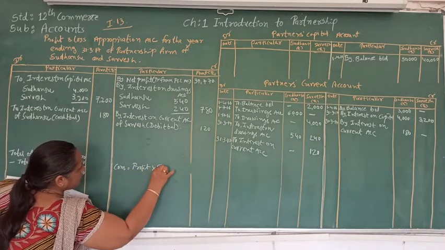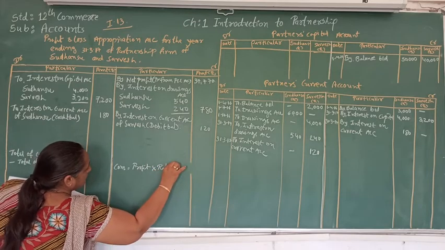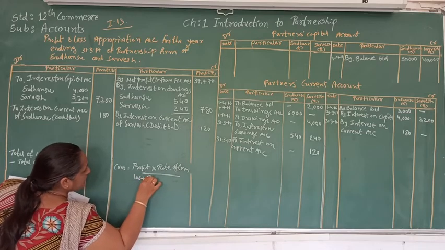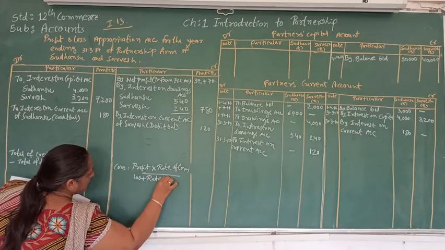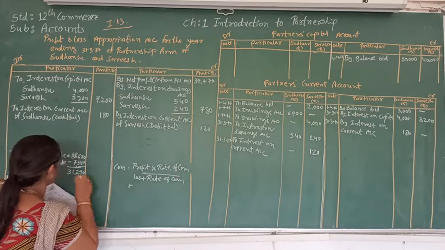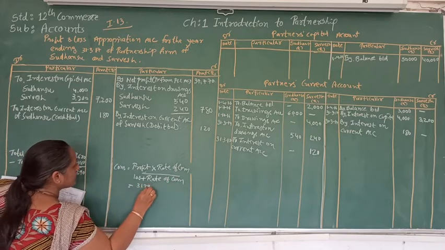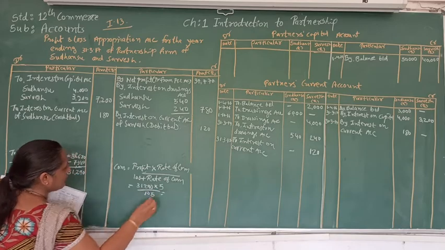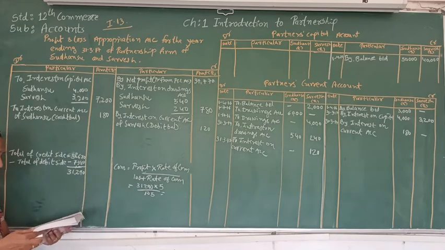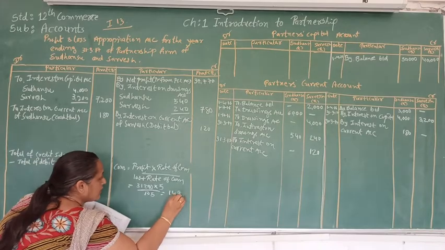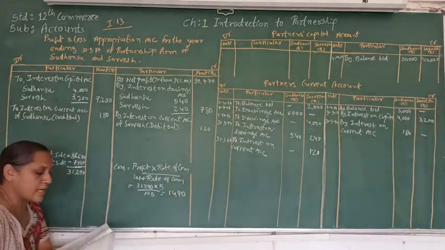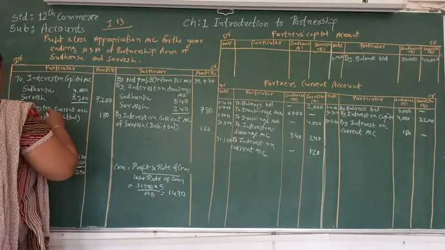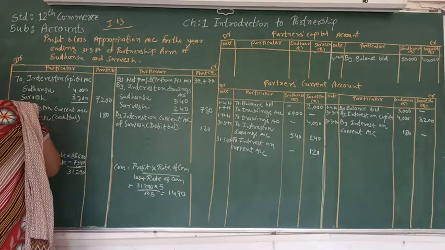Now commission is equal to profit into rate of commission upon 100 plus rate of commission. So that will be, profit amount is 31,290 into 5 upon 105. So the amount will be 1,490. So that commission we are going to credit to the current account of partner.